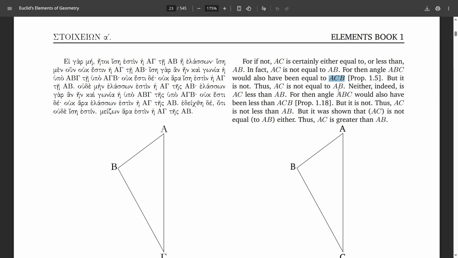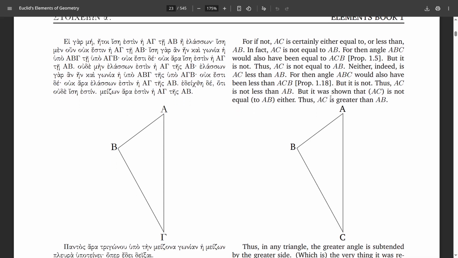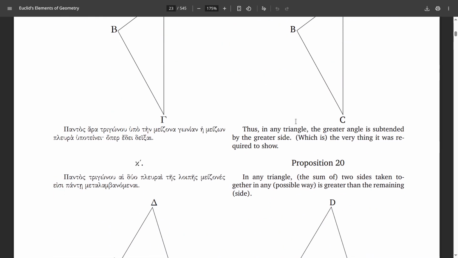For then angle ABC would also have been less than ACB, but it is not. Thus AC is not less than AB, and is not equal to AB either. Thus AC is greater than AB. So they kind of go in pairs right there.